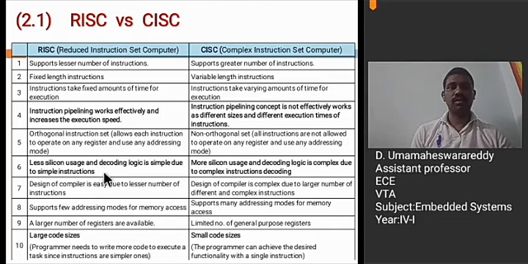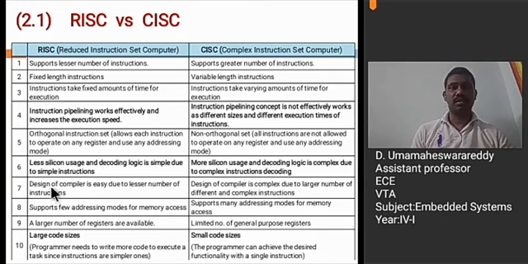Next, coming to CISC, as it is complex, the decoding logic is also complex. Due to complex instructions, there is more silicon usage and the decoding logic is complex.